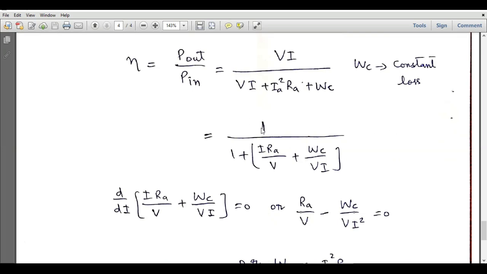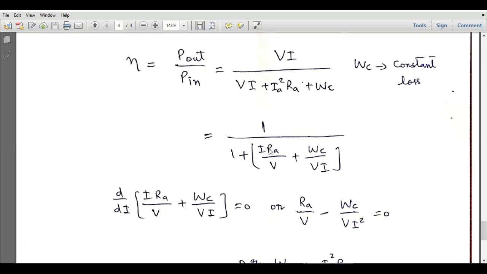So after simplification, we will see that only this term, the derivative of (I RA over V plus WC over VI), must be equal to zero. And the derivative of this term is equal to RA divided by V minus WC divided by V I square. So that will be equal to 0. So we are evaluating the condition for maximum efficiency, so we are evaluating the maxima of this efficiency expression.